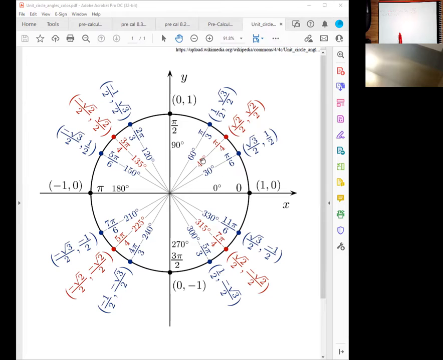Cosine 45 receives an angle of 45 and spits out the x value. Cosine 60 gives me this x value. It goes all the way around. Then sine of 30 will be the y value. Sine of 45 is this y value. So all the way around, it will be all the y values. That's what sine does. You just give it an angle and it gives you an output. So these are actually, how do I phrase this?